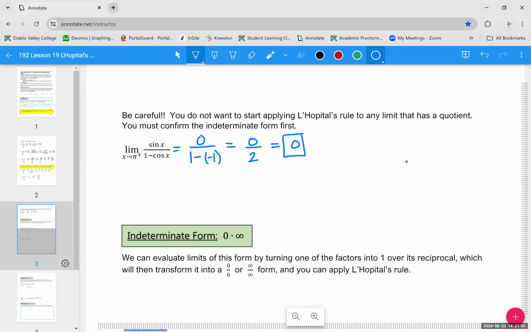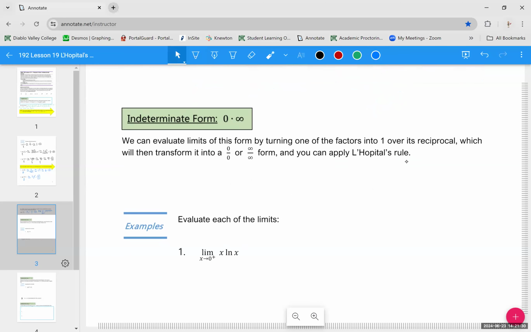So there is no L'Hopital to be used here. In other words, this is not an indeterminate form. So you just need to be sure that you always start every limit with direct substitution, and then you double check. Oh, okay, I've got an indeterminate form, and then you can try to apply L'Hopital's rule.